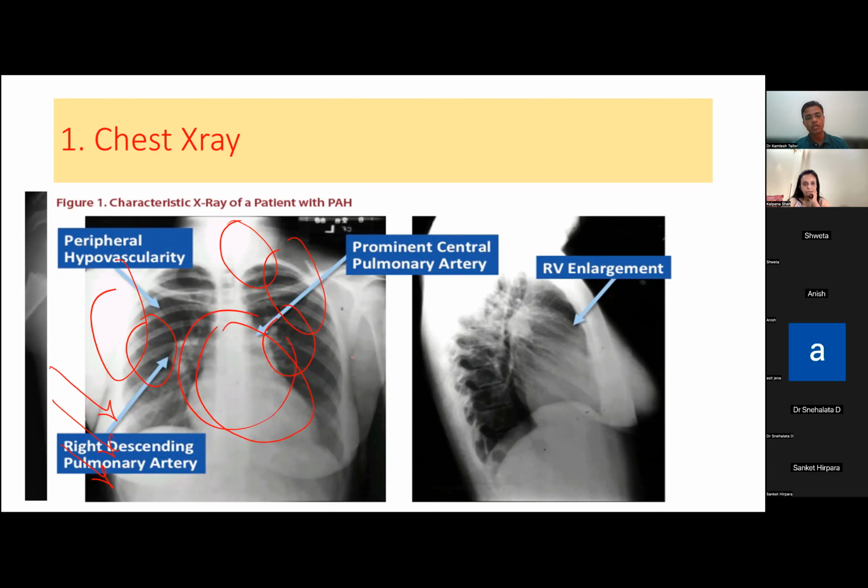So that is one of the diagnostic features of Eisenmenger syndrome, associated with clinical cyanosis as well as echocardiography. And if a lateral X-ray is performed, there will be RV enlargement seen. So this is the X-ray of Eisenmenger syndrome, either because of ASD or sometimes associated with other congenital heart disease.